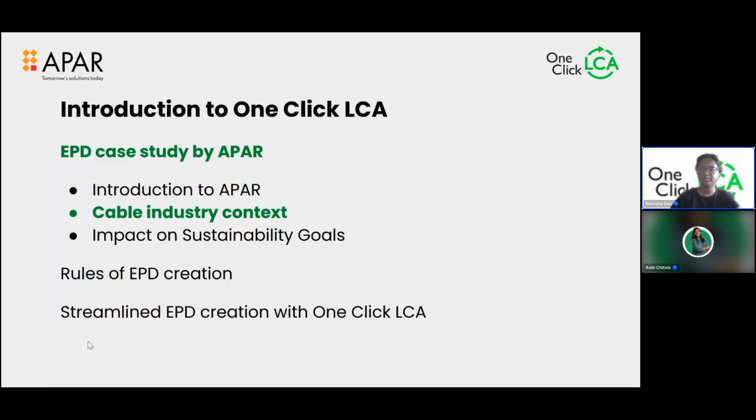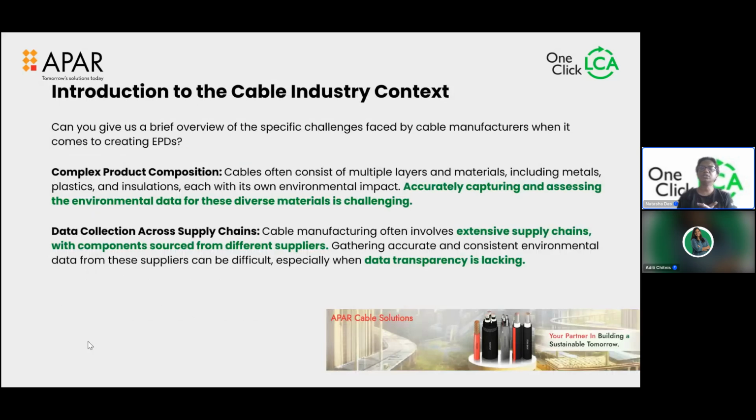Some of the common hurdles that clients face while generating an EPD is that they are unable to get raw material information or plant data correctly. Similarly, even in the cable industry, we are talking about cable industry here mainly because APAR is a cable company.